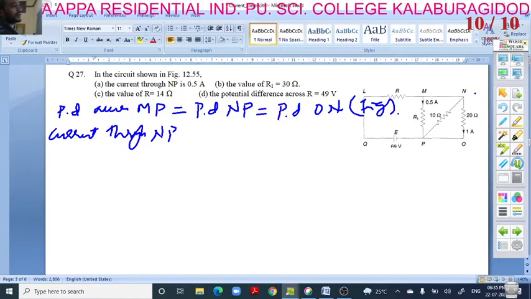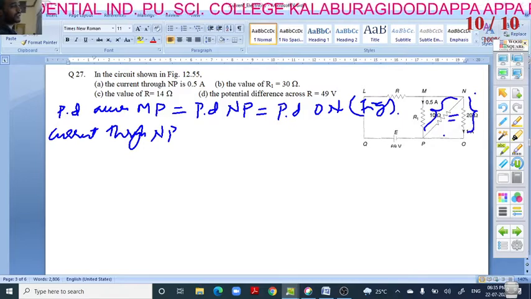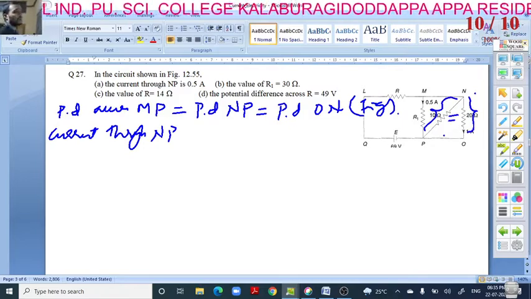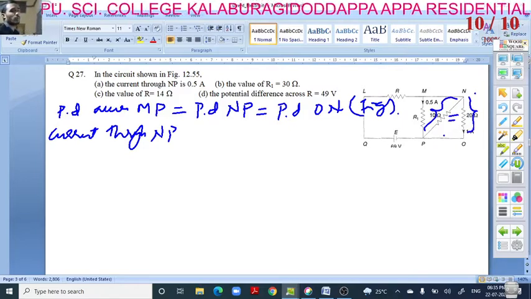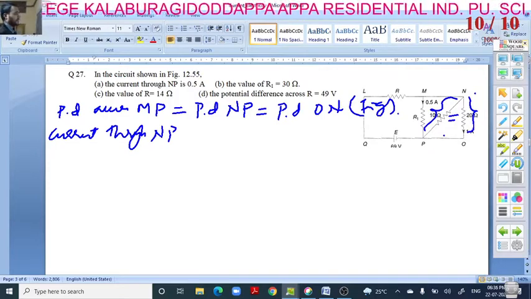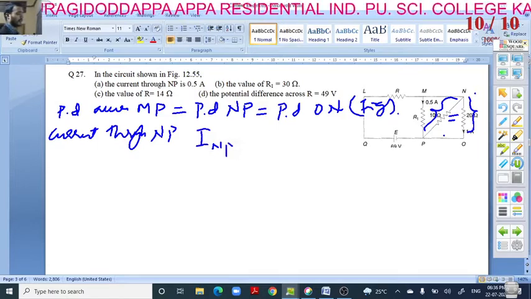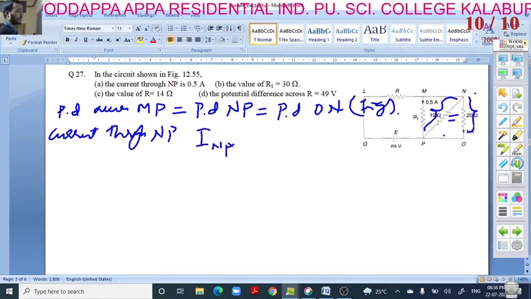So I will compare product of IR, NP is equal to ON. So in NP, I will get I NP, current through NP.